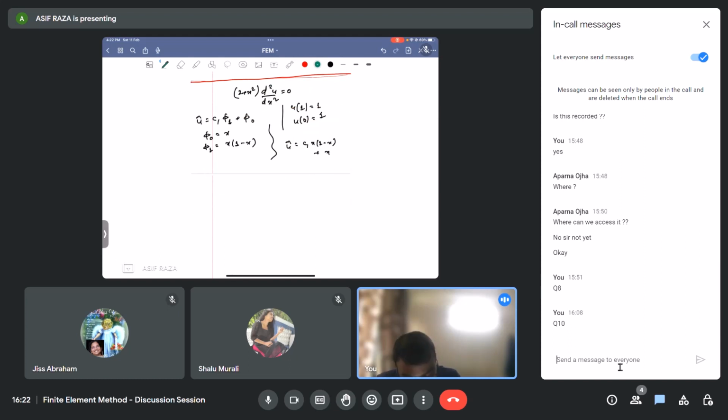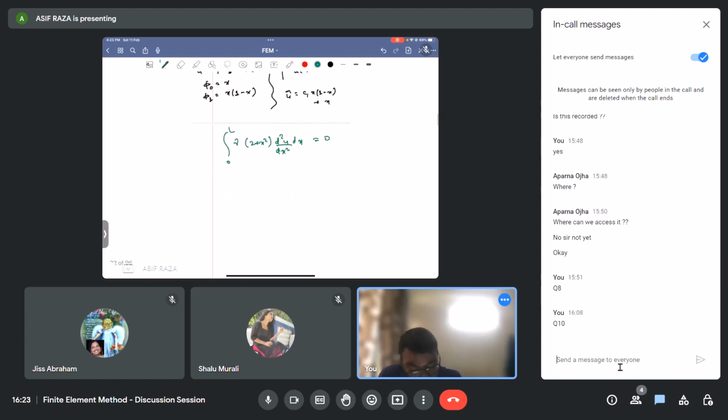If I multiply the governing differential equation with nu, 2 plus x square d square u by dx square over the domain 0 to 1 equal to 0, right? Now apply integration by parts.